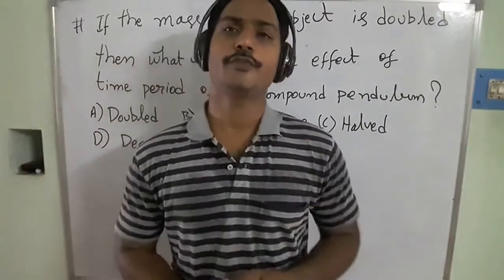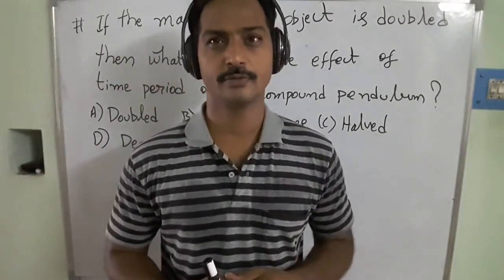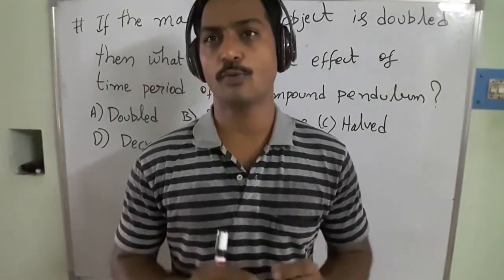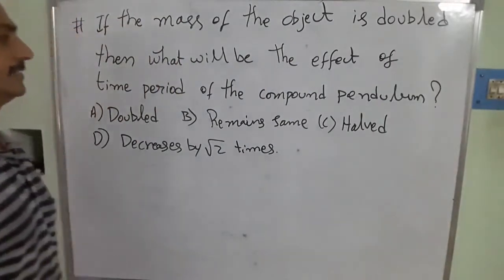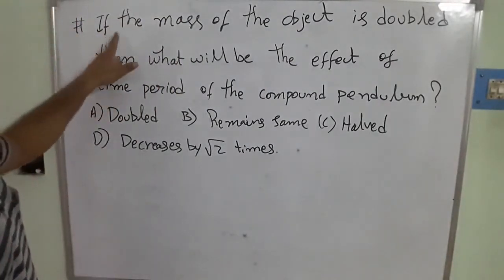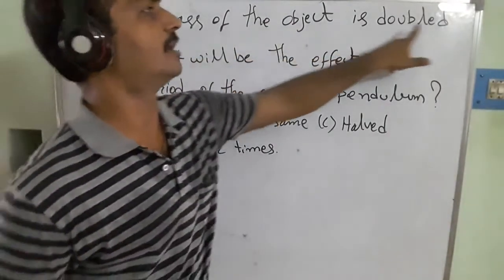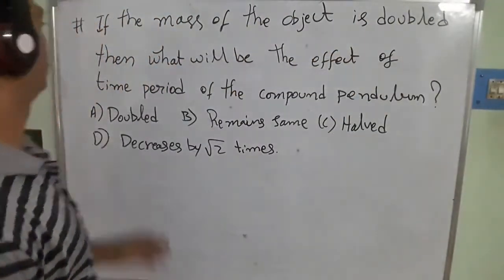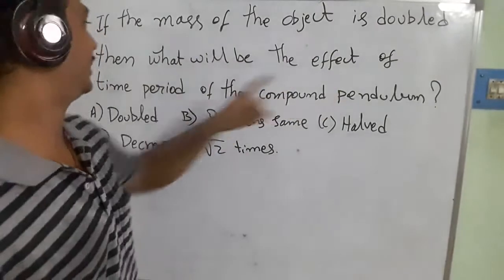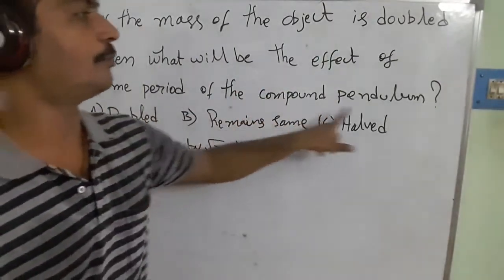In continuation of the compound pendulum problems, we are going to solve one more problem regarding the natural frequency of the system. Here, if the mass of the object is doubled, what will be the effect on the time period of the compound pendulum?